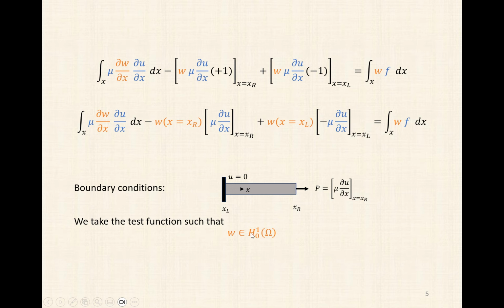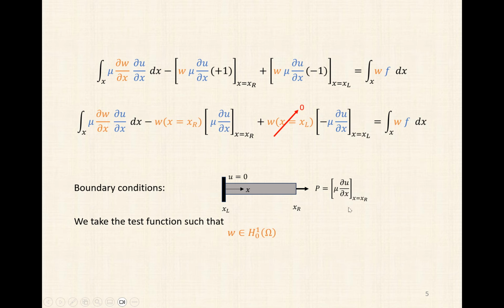This is a Sobolev space. I will explain a little bit in more detail about the spaces later. So we take w in this H01 space. Let's see what this space means. In this space, w is such that it vanishes on the Dirichlet boundary. So on the left end where we have a homogeneous boundary condition, the test function vanishes. So this term on the left boundary becomes 0.